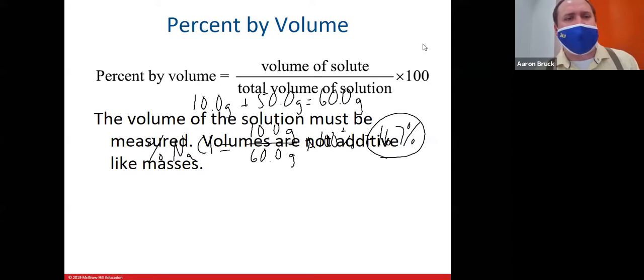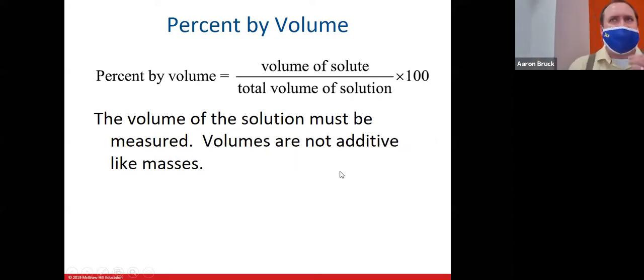So that's percent by mass. And again, you saw percent by mass in lab this week. That was what you had to do with the iron 3 chloride, the first iron 3 chloride solution.